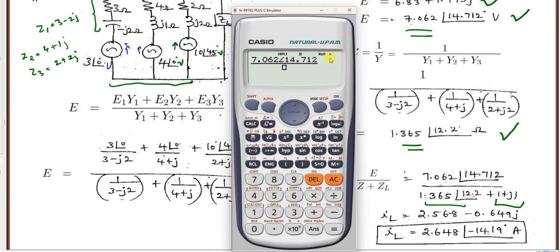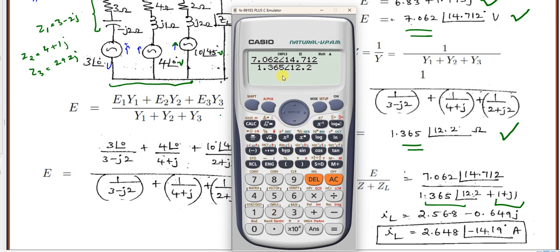If you are writing 7.06 and then the divide by symbol, then your entire thing you have to write in bracket. Since I'm writing using this, that is optional. So now 1.365, shift angle 12.2.